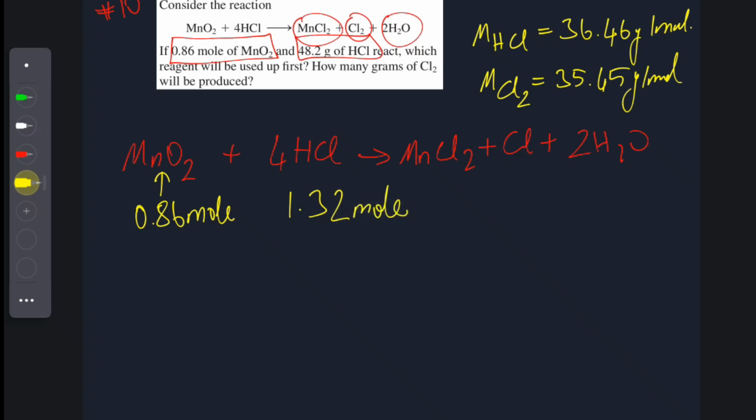Which one depletes first? So there is a 1:4 ratio. If it goes minus x, then HCl should deplete minus 4x.